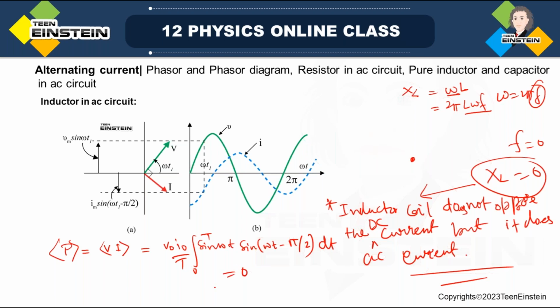So why is it so? Because suppose this is a half cycle of oscillation. The inductor absorbs electrical energy during one quarter of the cycle, and then it releases that stored energy during the other quarter of the cycle.